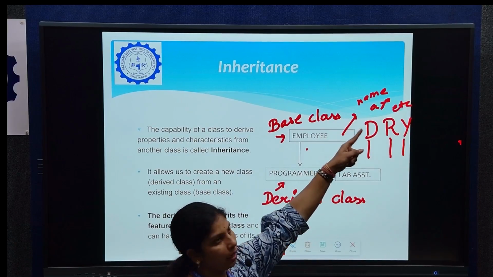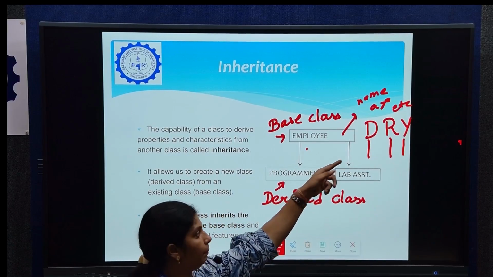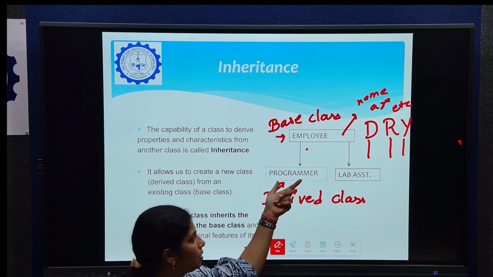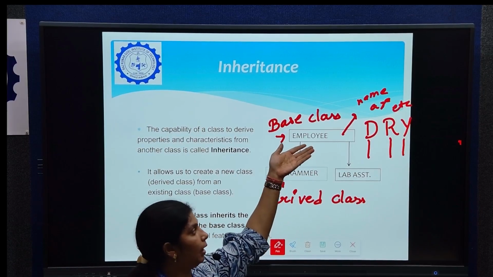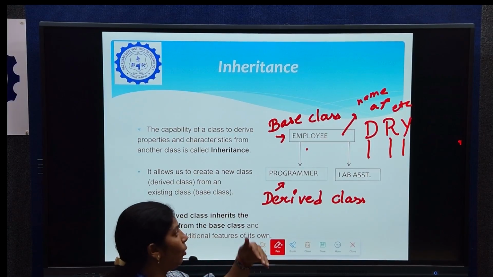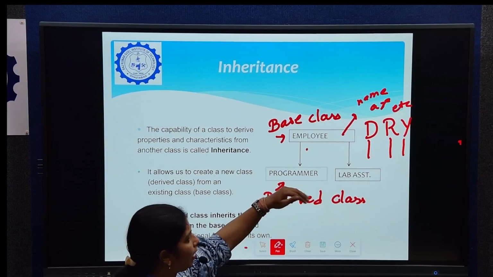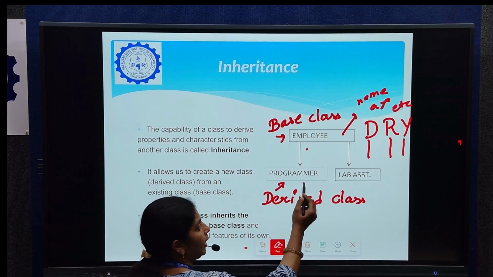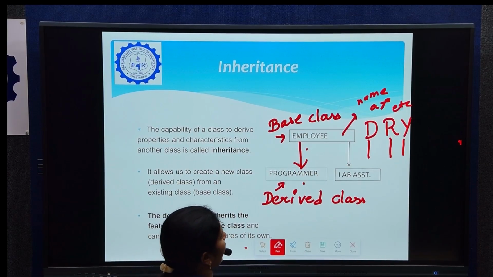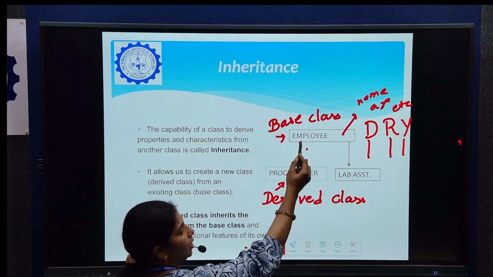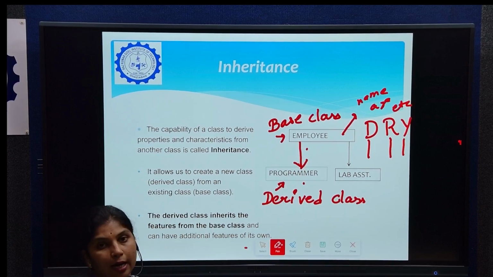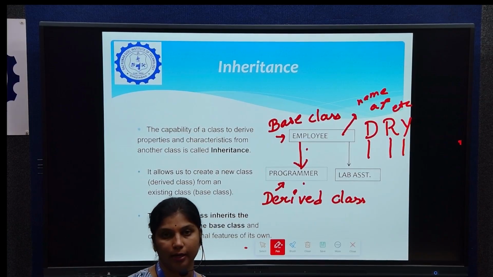So this name, age need not be repeated in the programmer class, because this is already saved in the employee class. So in this case, what we are doing, we are creating a programmer class, and it inherits the properties from its parent class called the employee class.